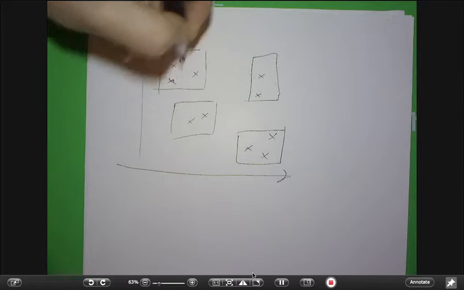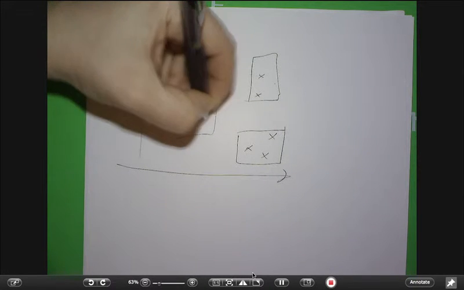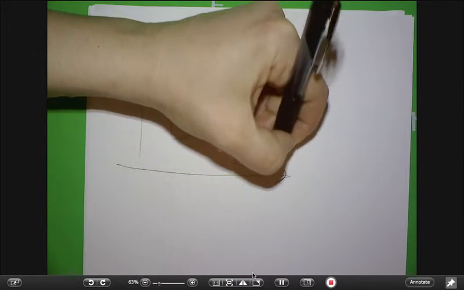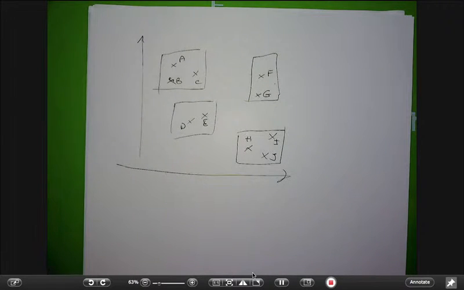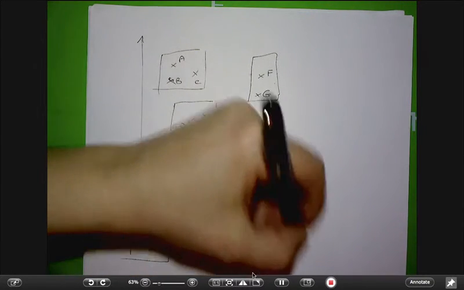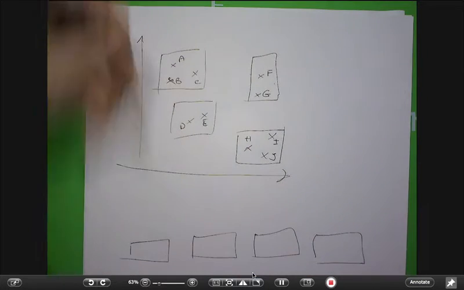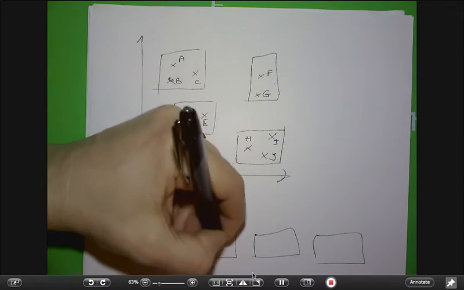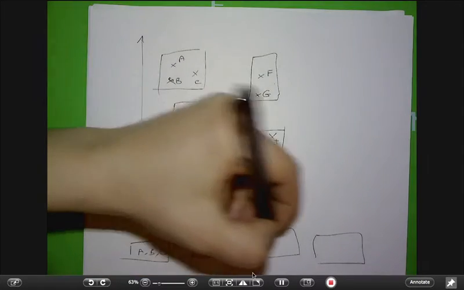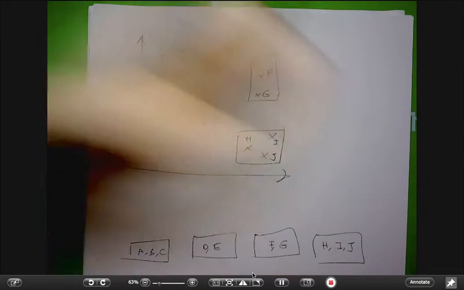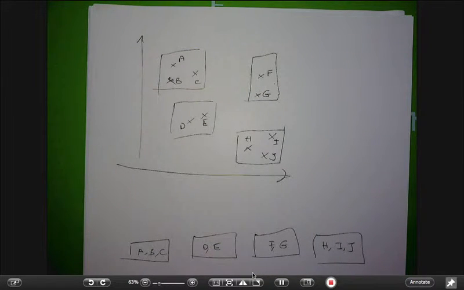Let's call them A, B, C, D, E, F, G, H, I, J. So your leaf nodes will have basically these tuples, right? So you have 4 leaf nodes. One is going to have A, B, and C. One is going to have D and E. One is going to have F and G. And one is going to have H, I, and J. These are the tuples at the leaf nodes.